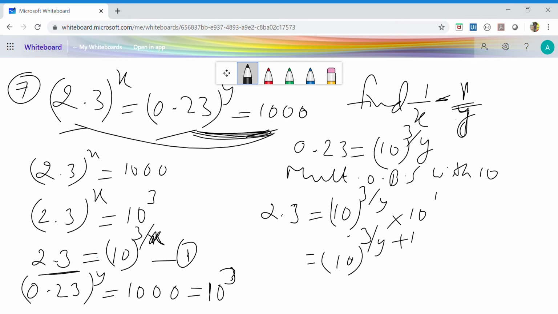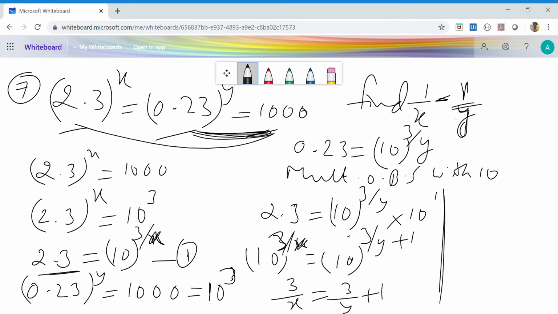And LHS 2.3 value is 10 to the power of 3 by x from the first equation. Then bases are equal, so powers should be equated. So 3 by x is equal to 3 by y plus 1. Then transpose 3 by y to this side.